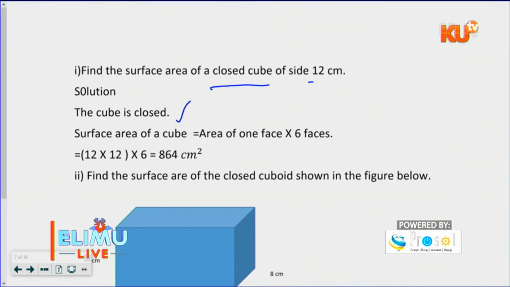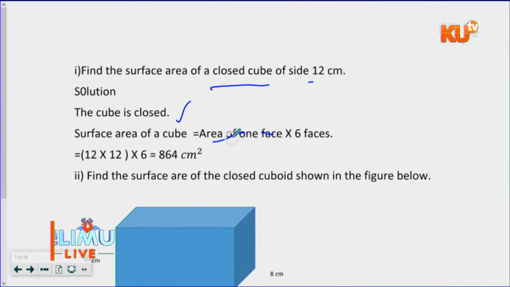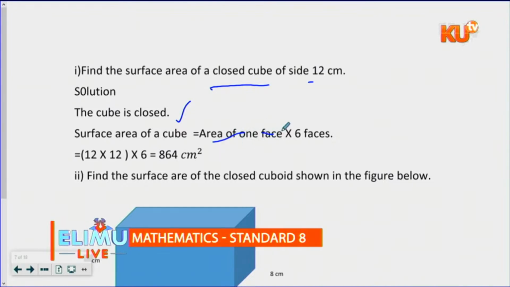All the faces are there. Therefore, surface area of a cube will be equal to area of one face, multiplied by 6 because of the 6 faces.